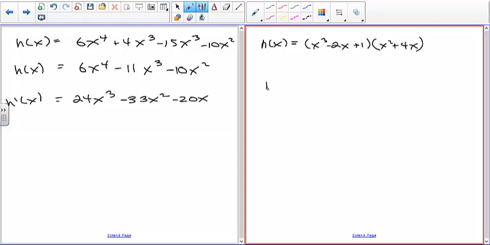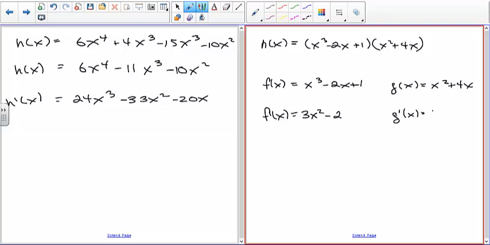Okay, so we'll call the first term f of x, and the second term g of x. And then we'll take the derivatives. So we got 3x squared minus 2, and g prime of x equals 2x plus 4.